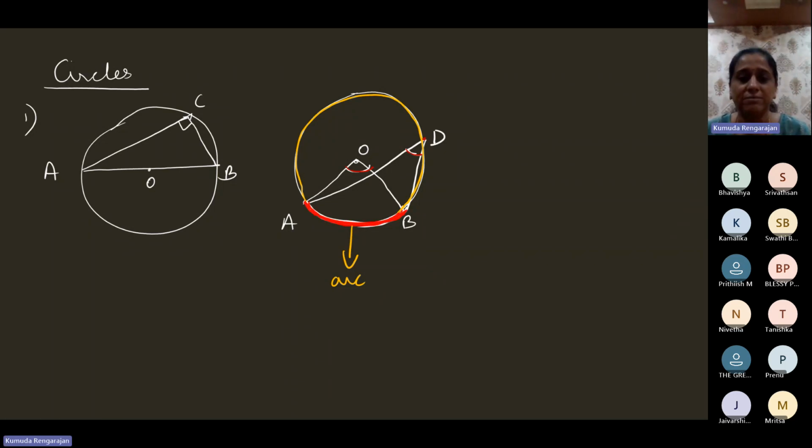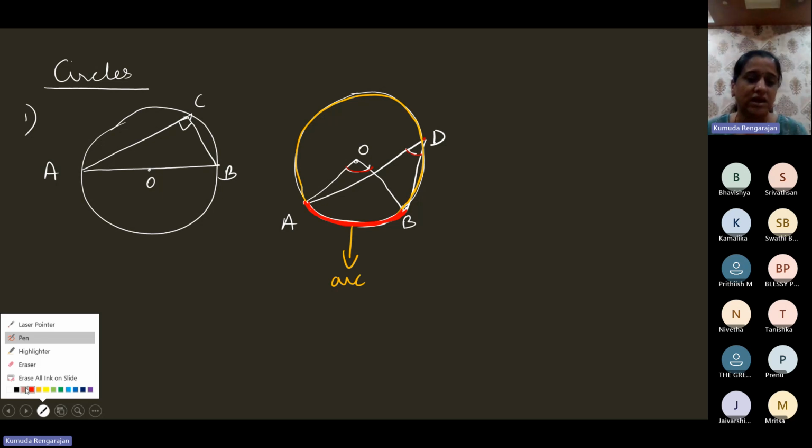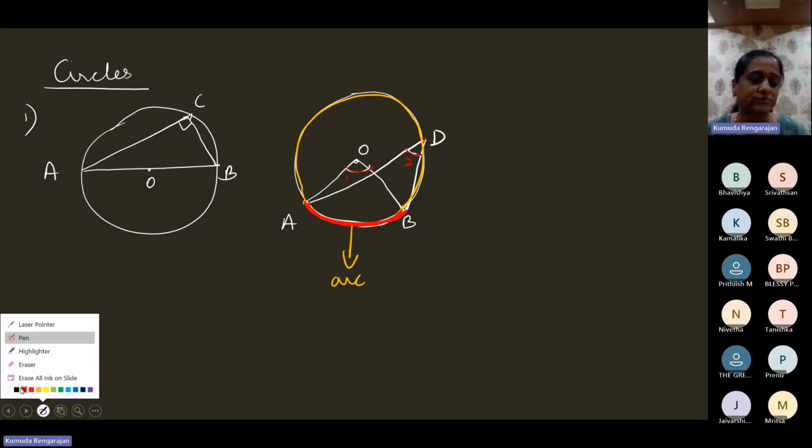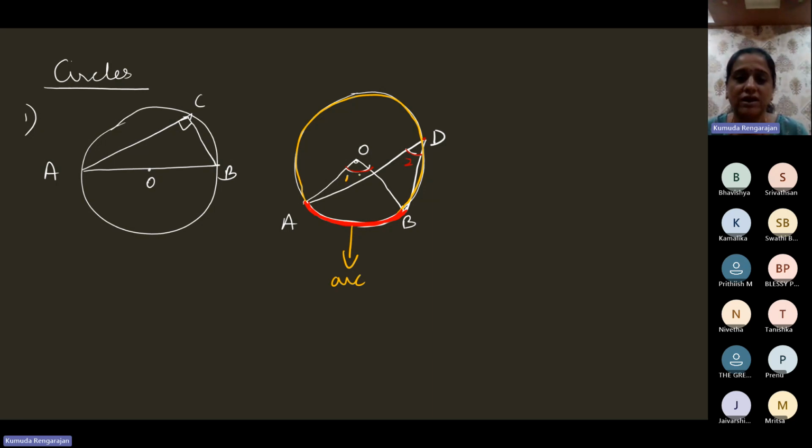Arc AB makes angle AOB at the center. The same arc AB makes angle ADB at the point D on the remaining part of the circumference of the circle. Now the relation between these two angles is, if I mark this angle 1 and this one 2, then angle 1 is double angle 2.